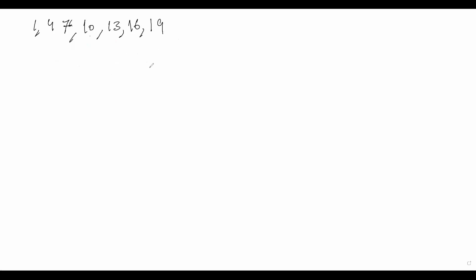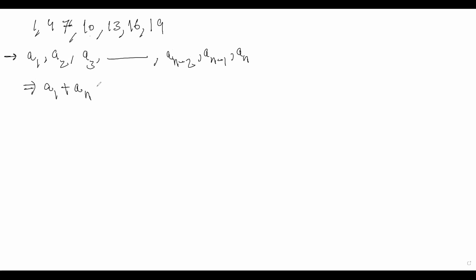Okay. And so if you are given an AP like this, what we are saying is that the sum of first and last term, a1 plus an, is equal to a2 plus a(n minus 1), is equal to a3 plus a(n minus 2).